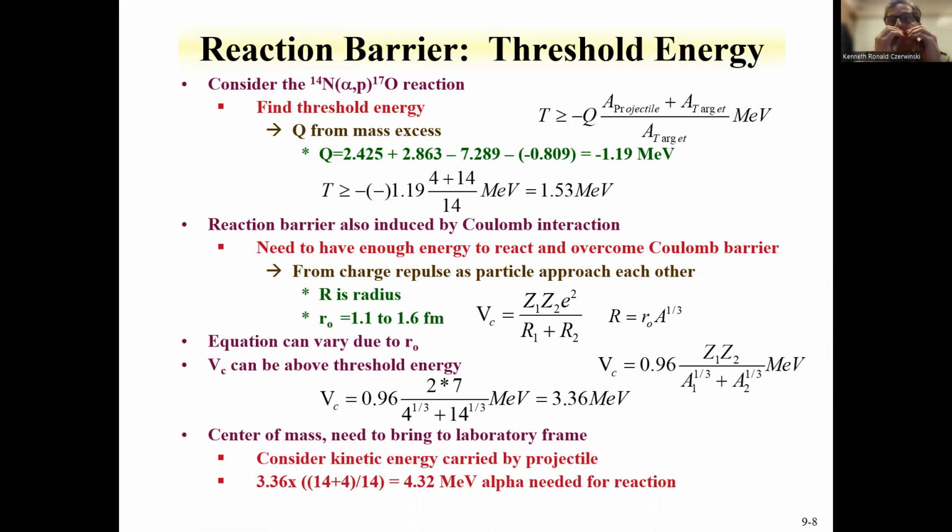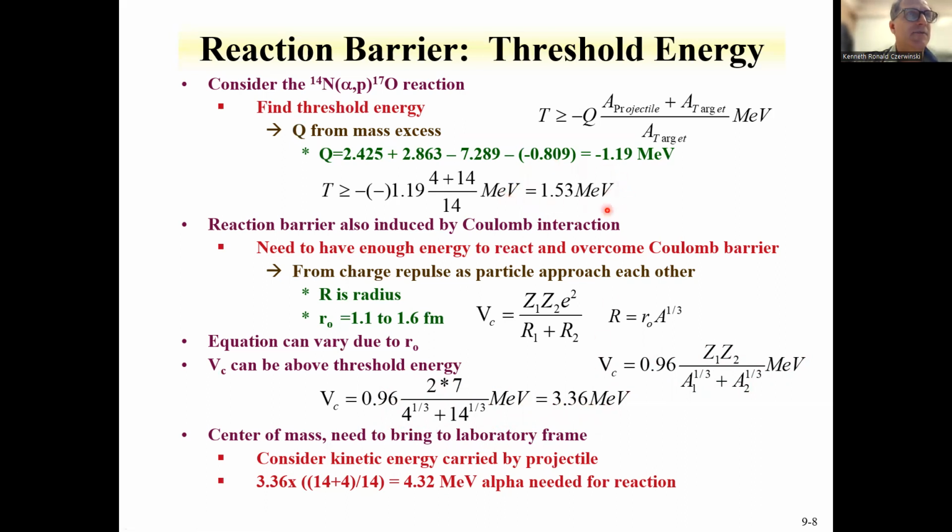And that means overcoming the Coulomb barrier, the repulsion of the charges that the +2 and the +7 have for each other. So we use the Coulomb barrier calculation. We did this with alpha decay. I put in one particle, two particles, the A's of the particles, and I get this, and I say, okay, this is the energy of the Coulomb barrier.